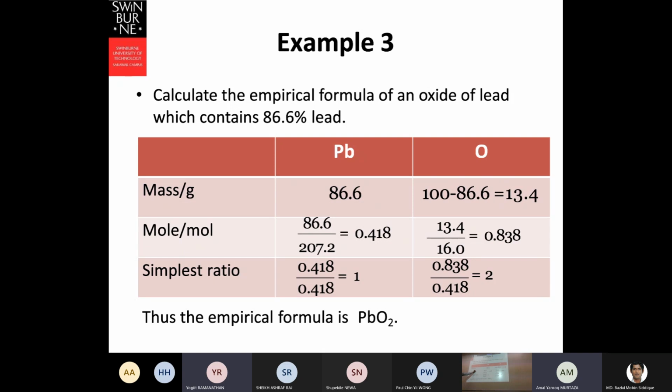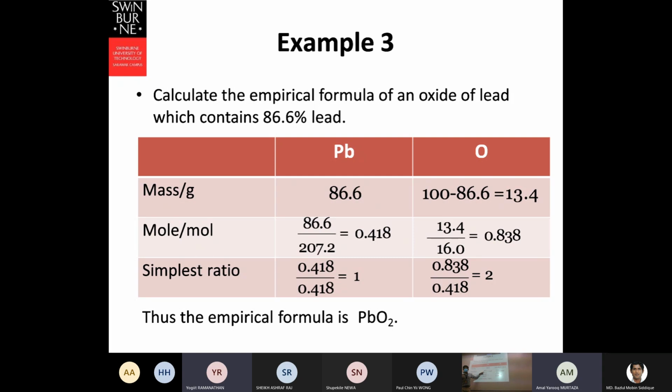So 86.6% of lead, we just consider it 86.6 gram. There is no harm. Let's say they didn't give us the whole number, so we consider it's out of 100 gram: 86.6% means 86.6 gram of lead we have, and the rest is, of course, oxygen.